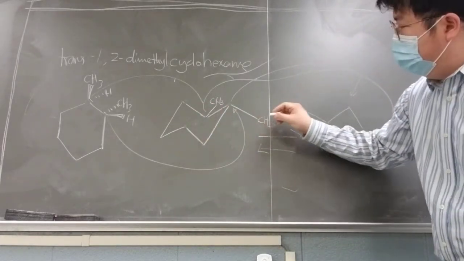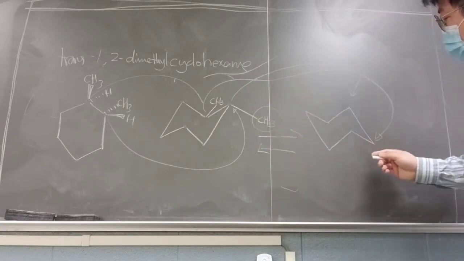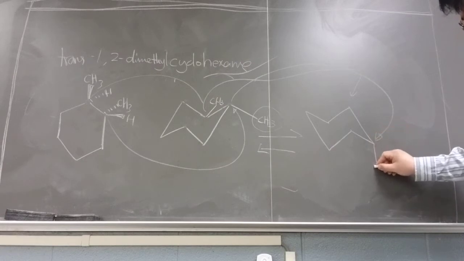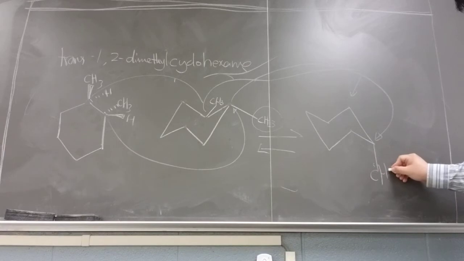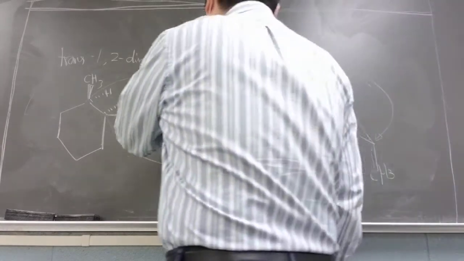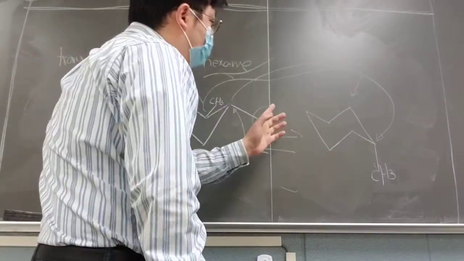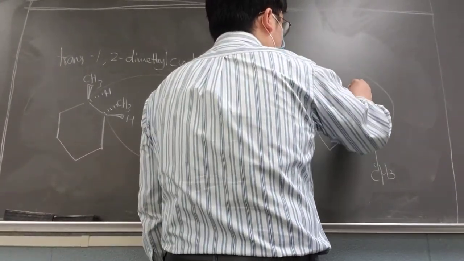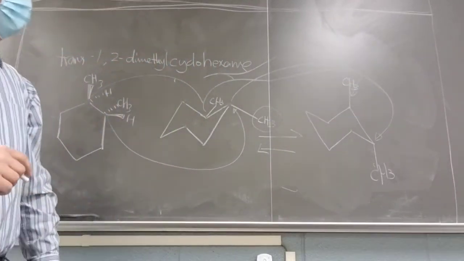So you see this is equatorial down, right? So if this is equatorial down, it has to be axial down on the ring flip, as we saw before in the previous example here. And this is the equatorial up. So if you go on to this position here, it has to be axial up now. Okay, axial up.